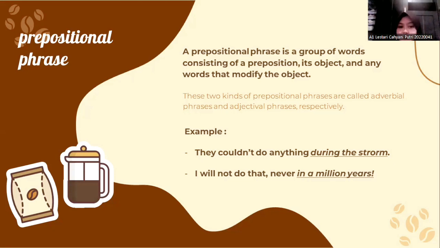So in the example, they could not do anything during the storm. During the storm is an adverb, or the object of could not do anything. So the second example is I will not do that never in a million years.